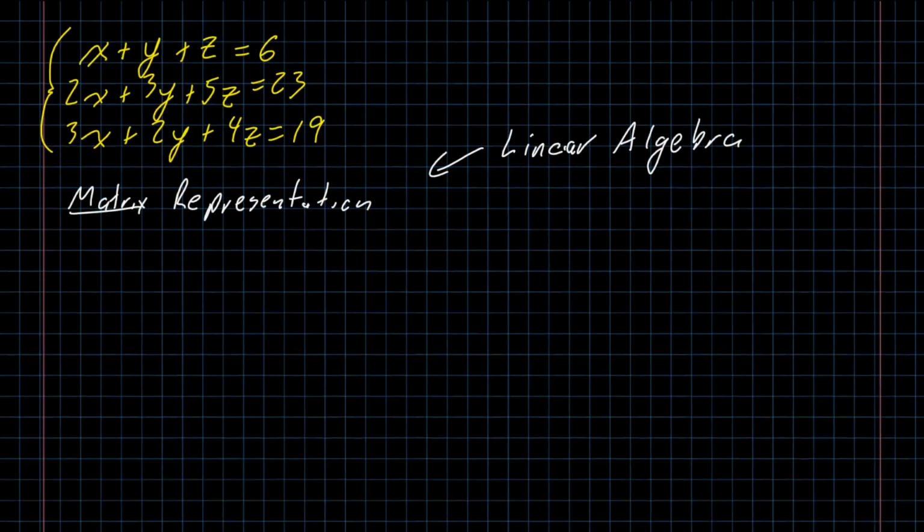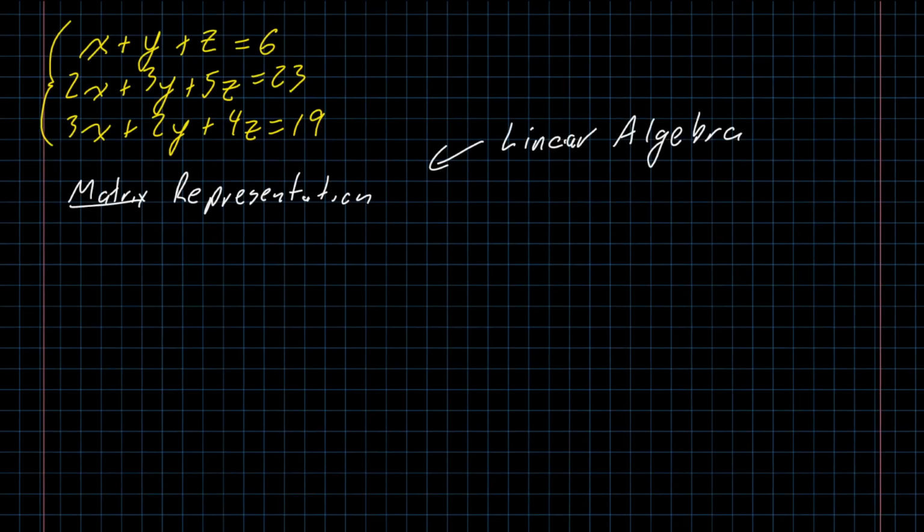For our purposes, though, we're just going to accept that this is a thing we can do. And specifically, we're going to need two matrices. We're going to need the coefficient matrix, and we're going to need the constant matrix.